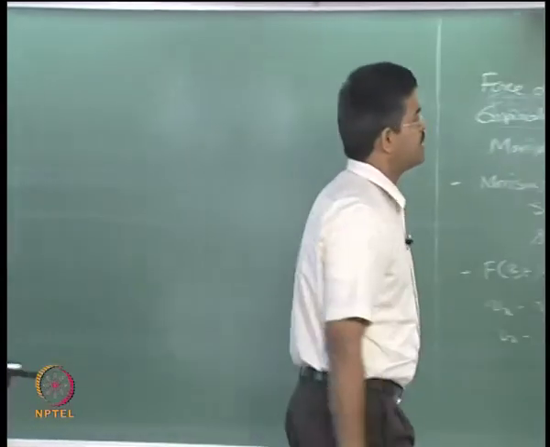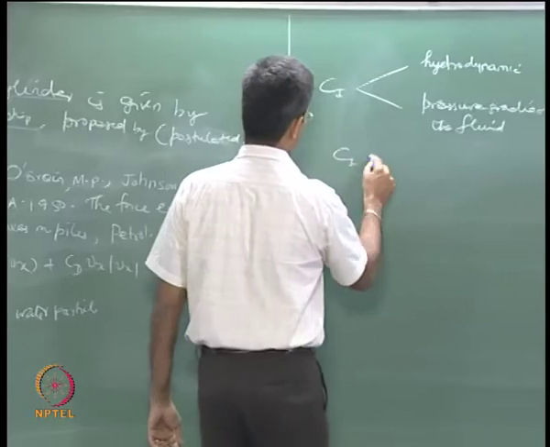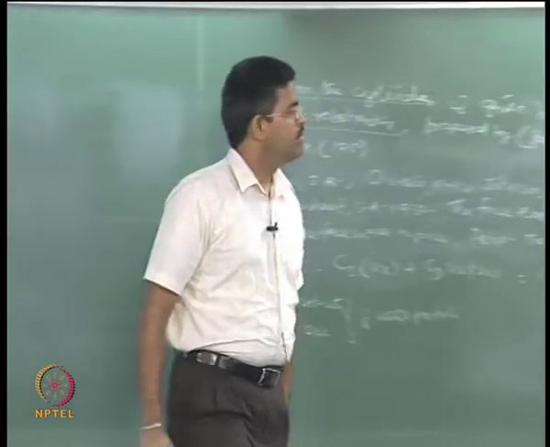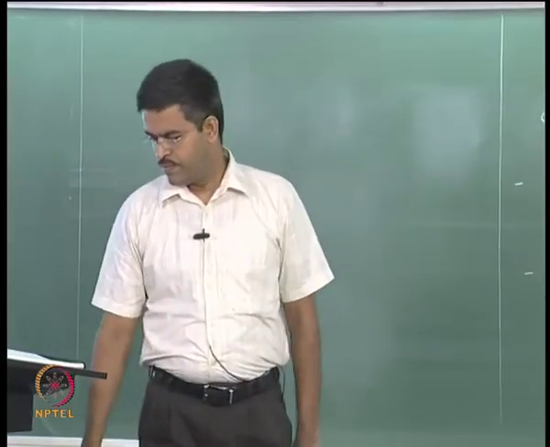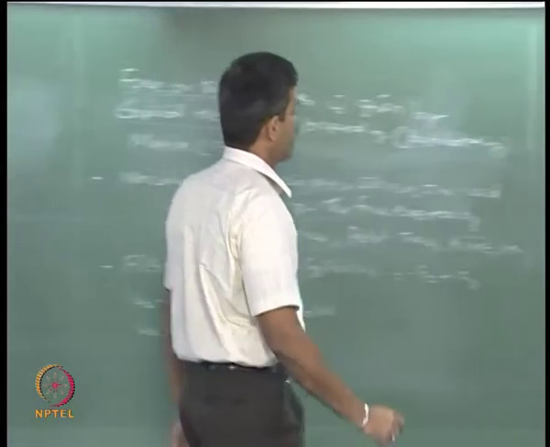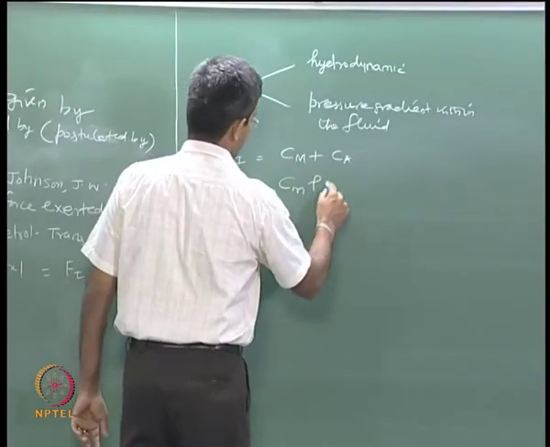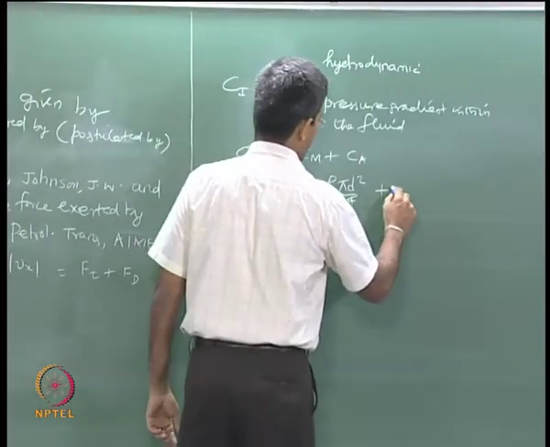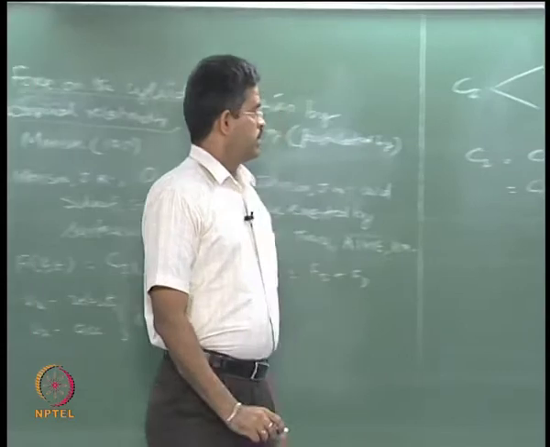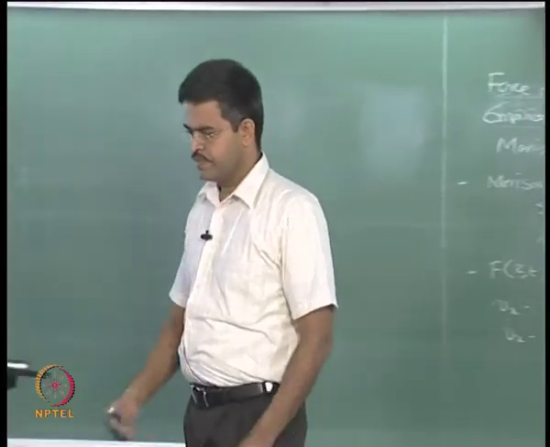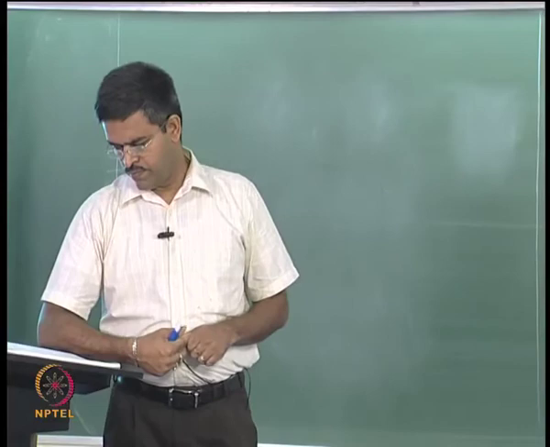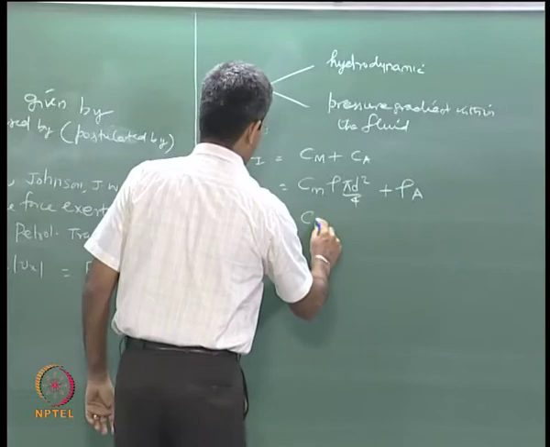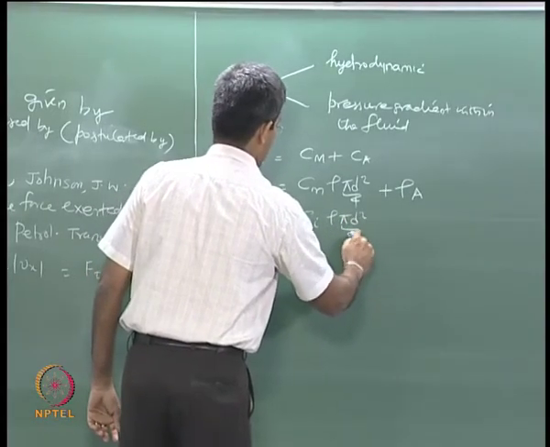So, which I can separate as Ci is now Cm plus Ca, where this is Cm plus rho A, where this can be simplified as Ci pi D square by 4.